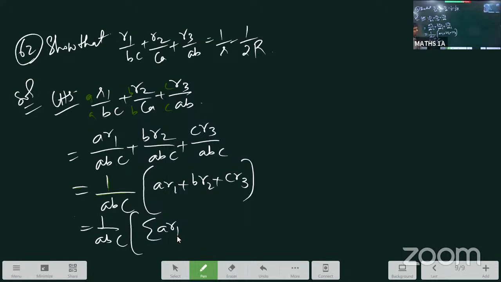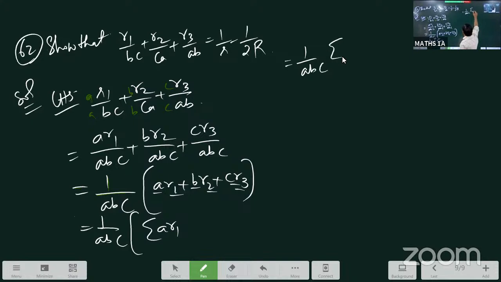It is following the cyclic order of ABC and R1, R2, R3. And since it's a property of a triangle, ABC, R1, R2, R3, or capital A, capital B, capital C, these are the three things you will have. So that's why, and it is following the order. See, A, B, C, R1, R2, R3. So summation AR1. That is equal to 1 by ABC.